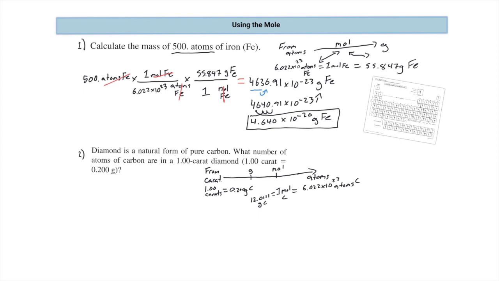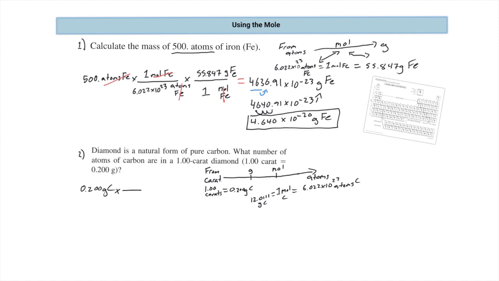We can start with 0.200 grams of carbon, because that conversion's already been done. So essentially we're starting with 0.200 grams. Sometimes a little bit of street smarts can help us. We can just turn this into a 2-step conversion.